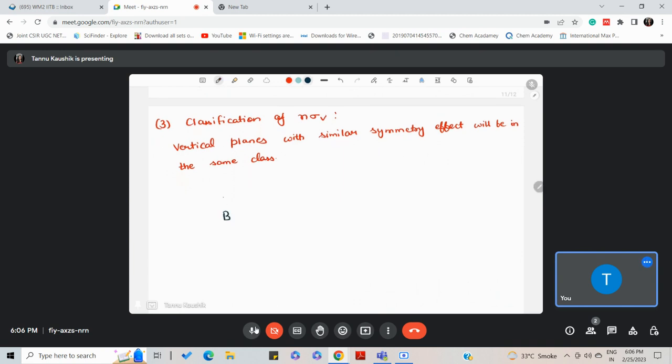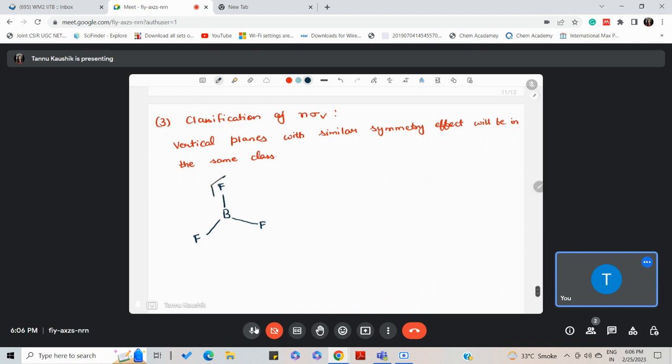Again, taking the example of BF3, it has 3 sigma v planes passing through each of the BF bonds.